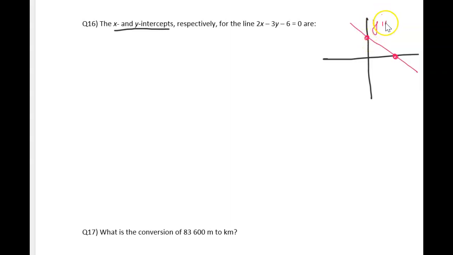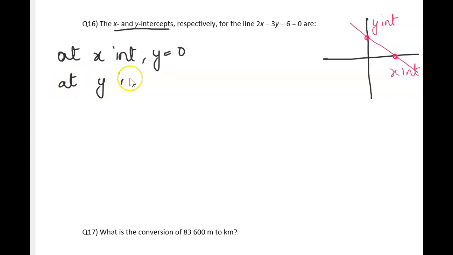The point where it cuts the x-axis is the x-intercept, the point where it cuts the y-axis is the y-intercept. At the x-intercept your y is 0, and at your y-intercept your x is 0. Always remember that.